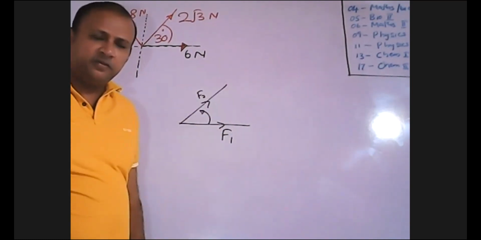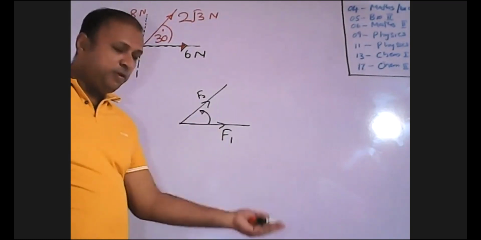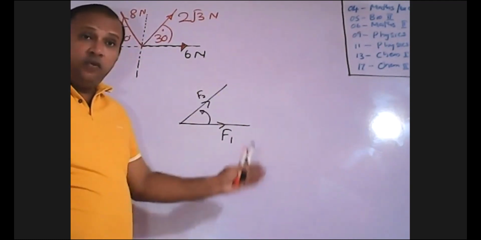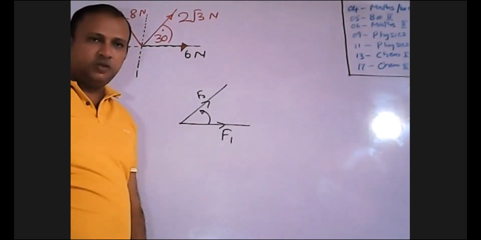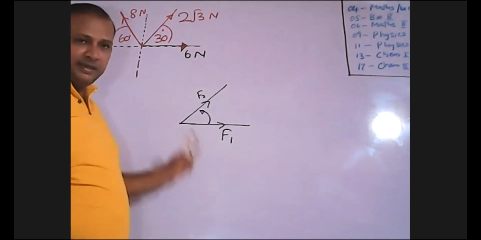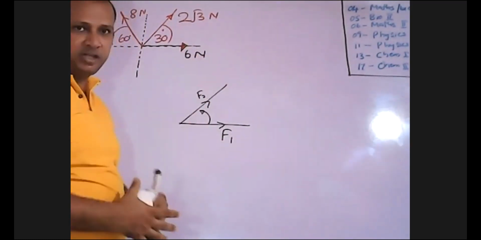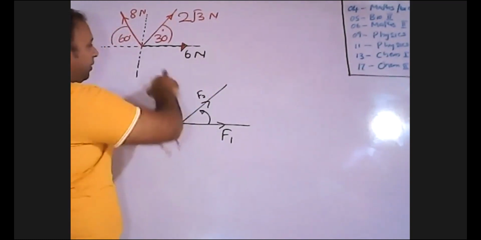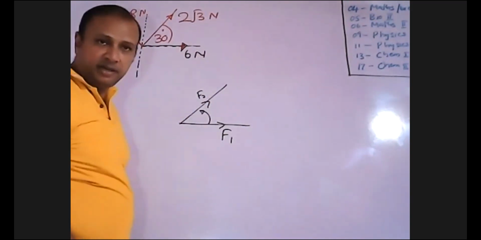I think in our first 2 or 3 lessons, angles should be measured in the anti-clockwise direction. If you measure the angle in the clockwise direction, it will be negative. There are positive and negative angles. Normally positive angles are measured in the anti-clockwise direction. Once you draw the first force horizontally, then you measure in the anti-clockwise direction.